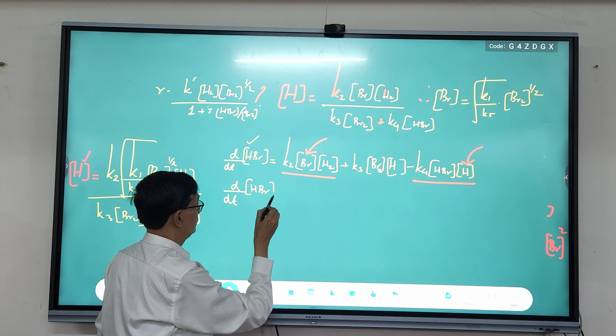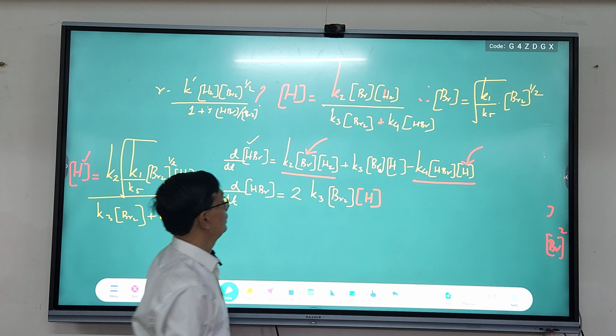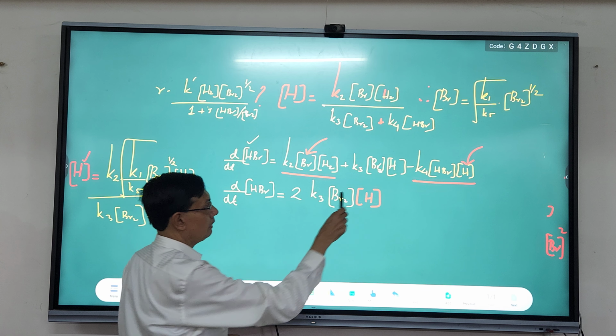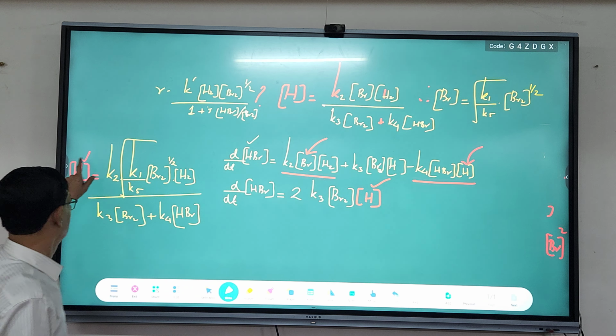So I have to substitute the value of H from here and you will get the final equation.